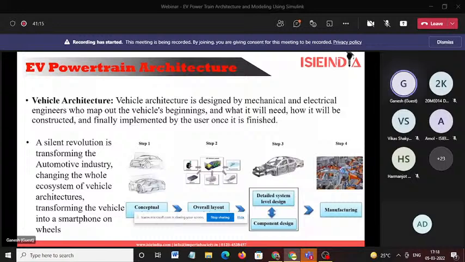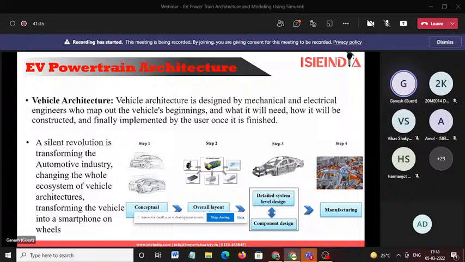So they will come up with a rough layout. From there, the concept is designed by the vehicle architecture, which is nothing but the system engineer. The system engineer has knowledge of the whole vehicle: it can be brakes, suspension, steering, chassis, or powertrain.